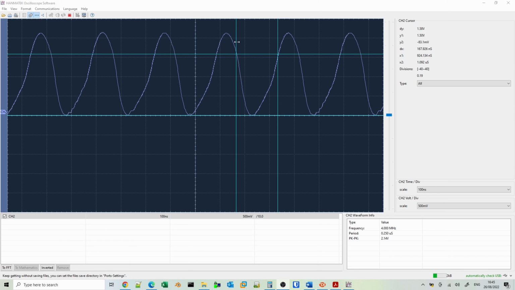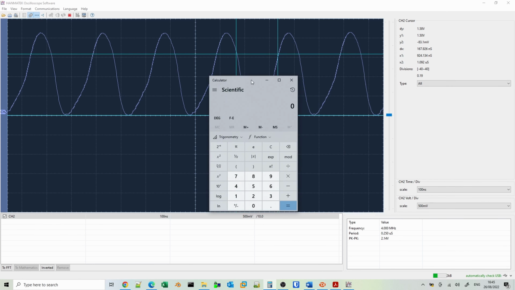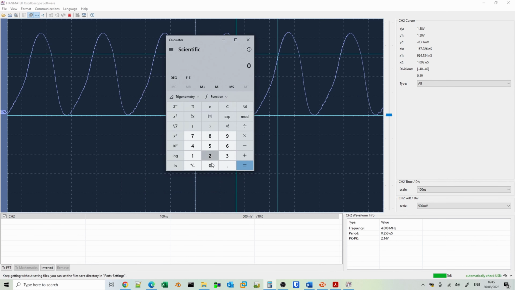So you can see here that where the clock signal goes to logic 1, only accounts for approximately 167 nanoseconds out of 250 nanoseconds. So if we see what 168 nanoseconds divided by 250 nanoseconds, we'd expect this to be around about 60 or 70%.